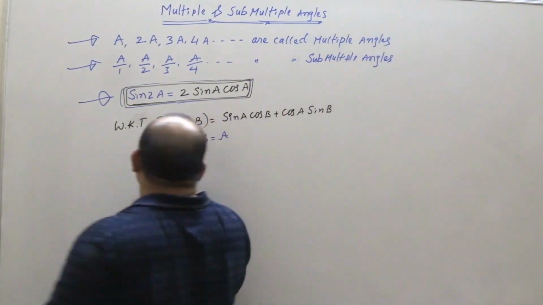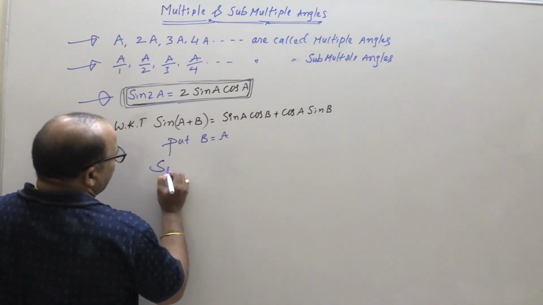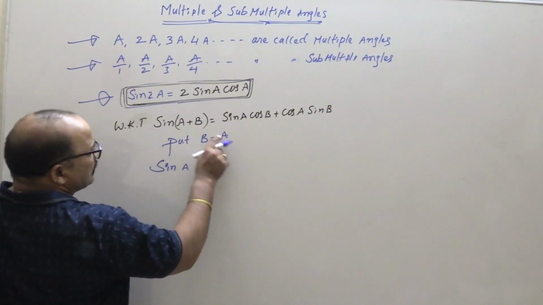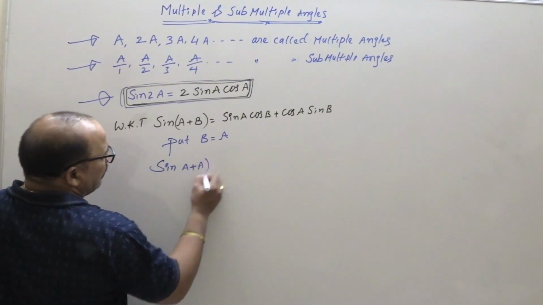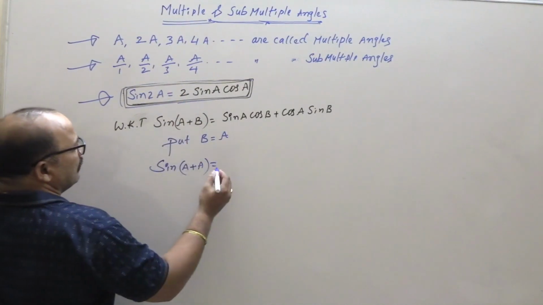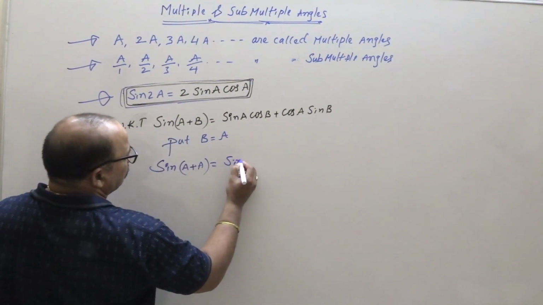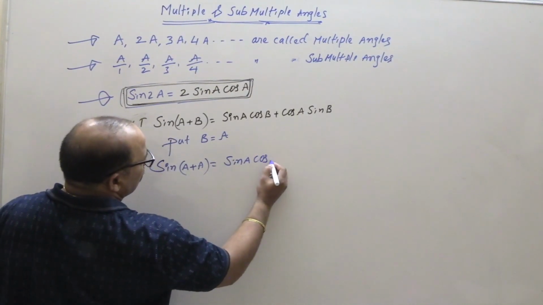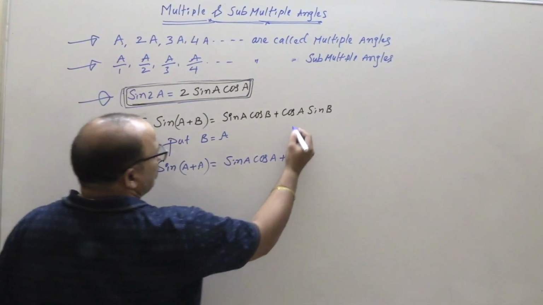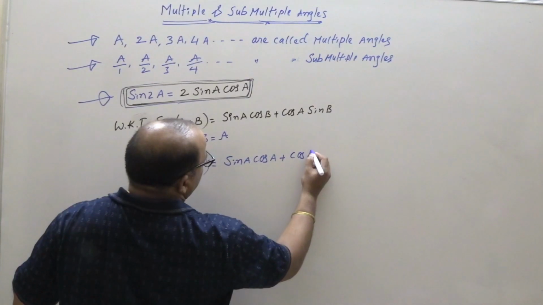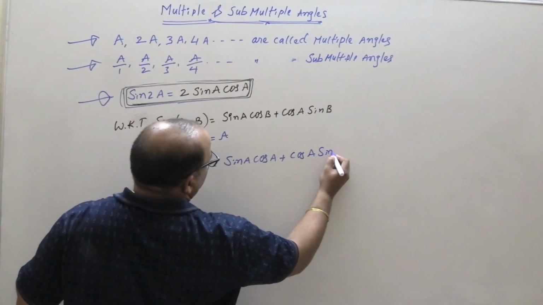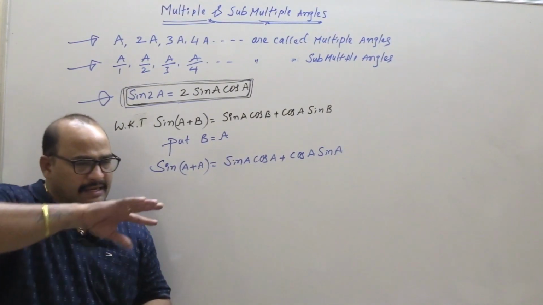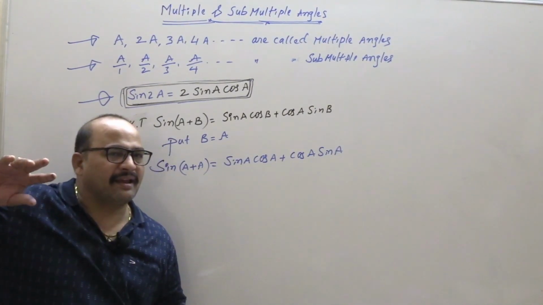Sin of a, b: in the place of b I am going to write a. A plus a is 2a. Now sin a, in the place of b, cos a, plus cos a sin a. Crystal clear, students? Exclusively in terms of a, not b.